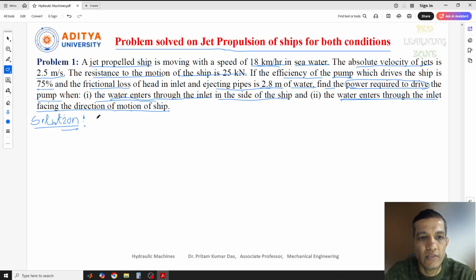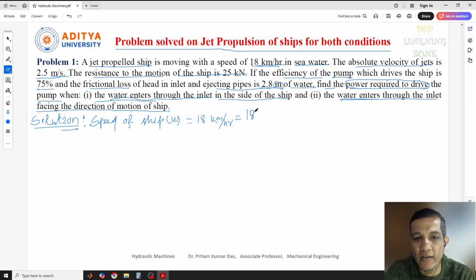In the first line, you can see that the speed of the ship is given. We denote the speed of the ship by small u, and this is 18 kilometer per hour. We can convert this into meter per second because the other terms are in meters.